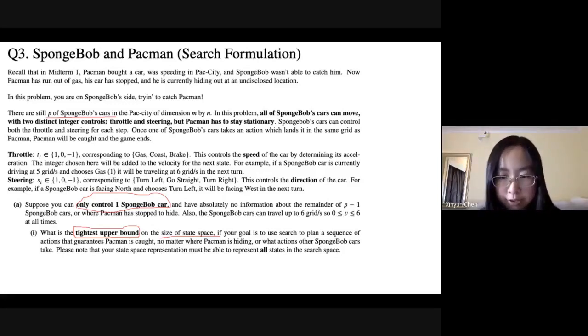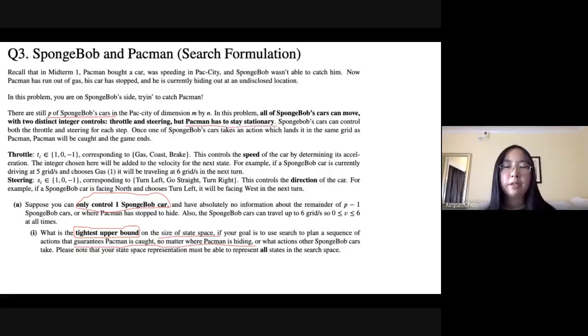The goal here is that we need to search for a sequence of actions that guarantees Pac-Man is caught no matter where Pac-Man is hiding. From the general problem statement, we see that we have absolutely no information about where Pac-Man is hiding, but the good thing is that Pac-Man has to stay stationary.